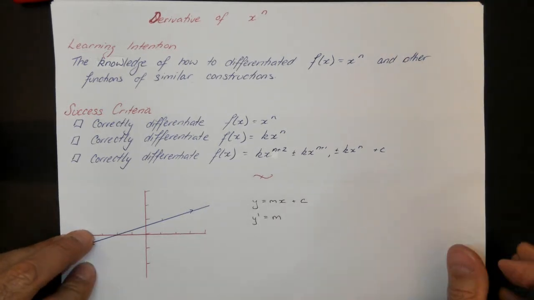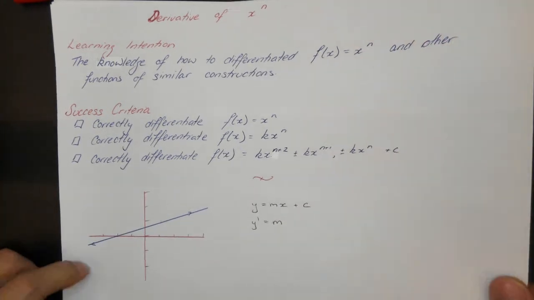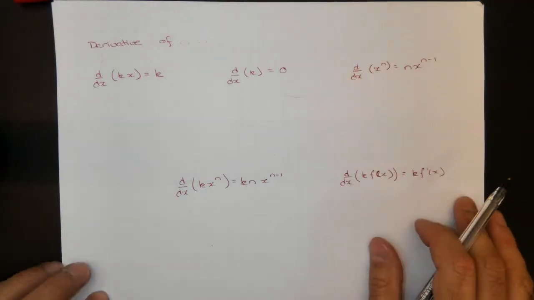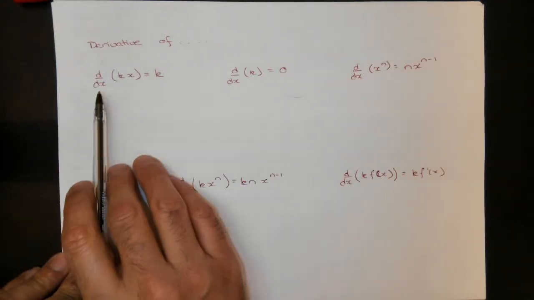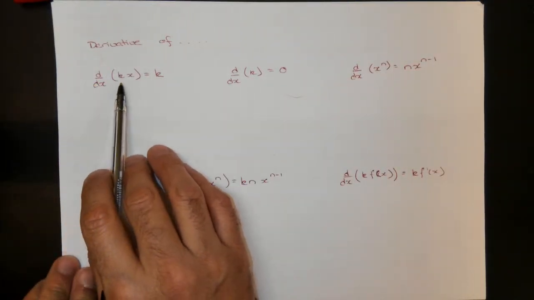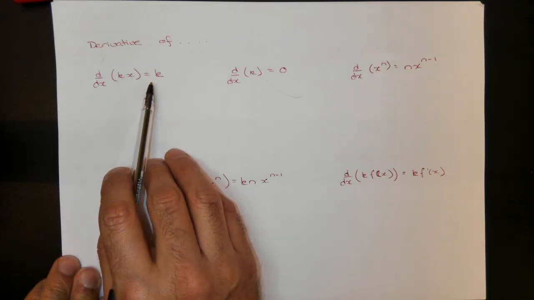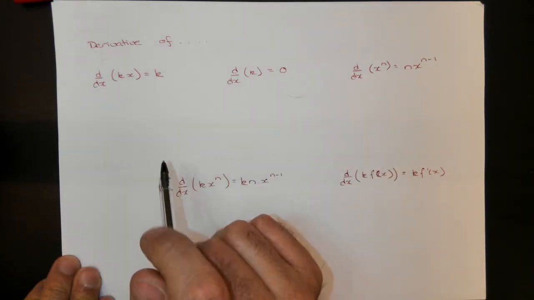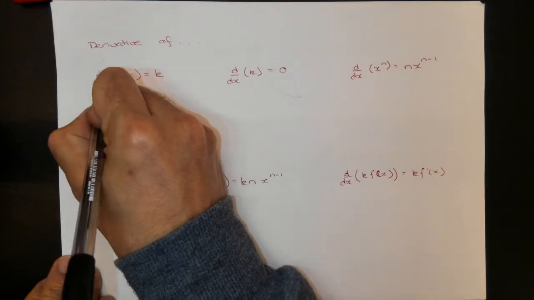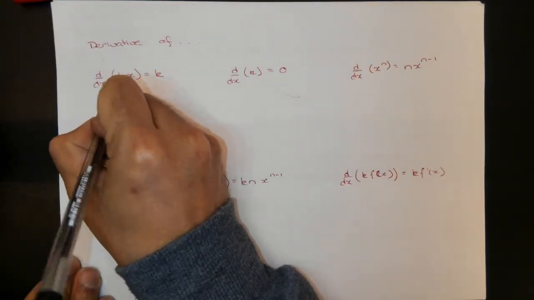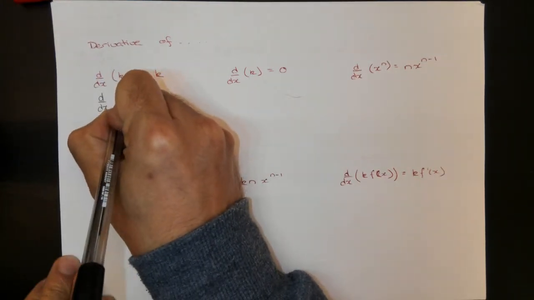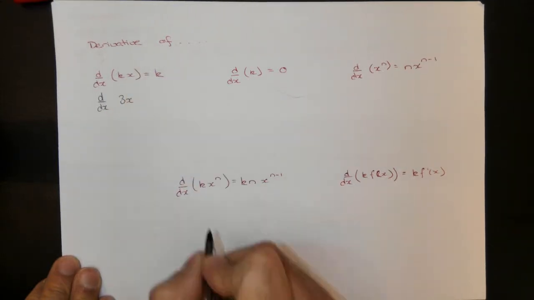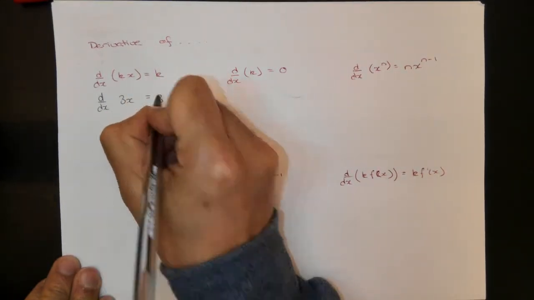So we're going to continue on that understanding and apply it to other situations. So the derivative d/dx of kx is going to be k, like y = mx + c. An example would be, what would the derivative of 3x be? Well, in this situation, it will just be 3.